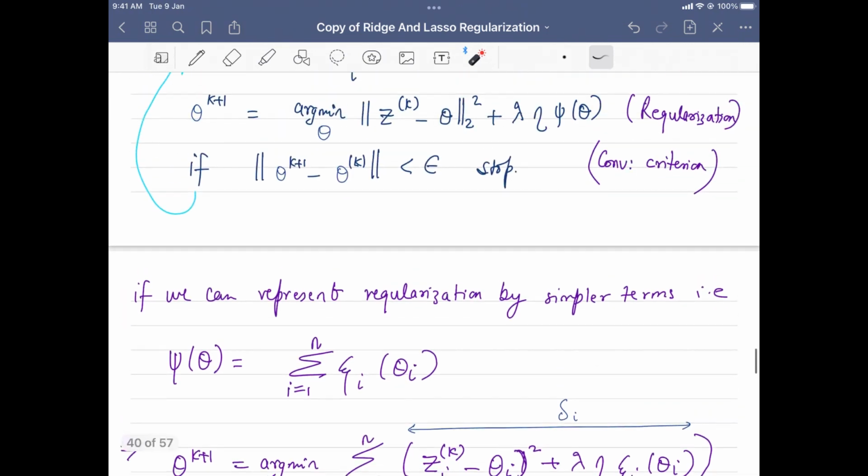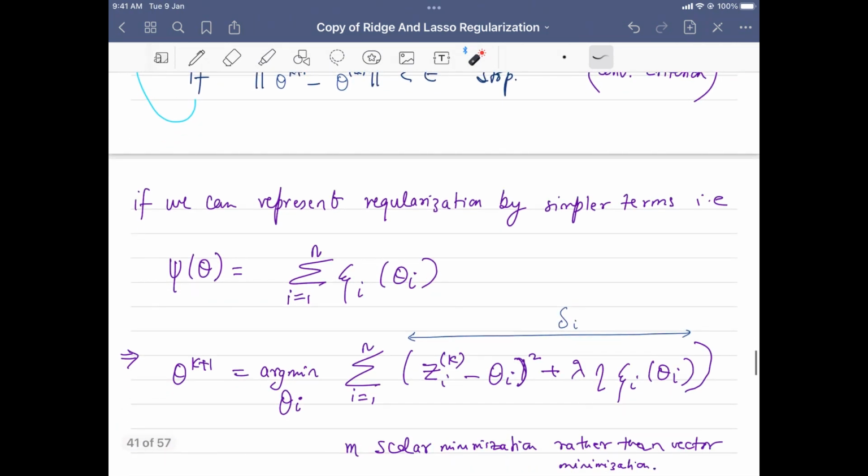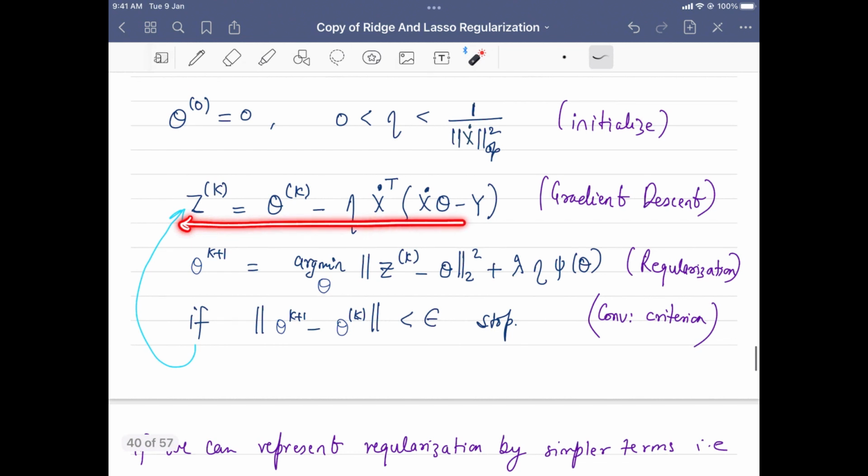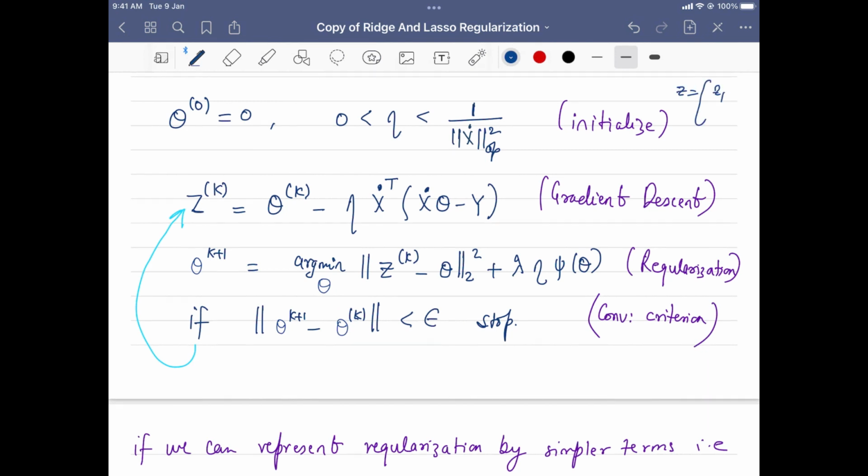So here you can see we are breaking this expression into vectors, into components of the vector. This is a complete vector z, and if I want to represent a specific component of this vector, I will write it as z i. So you have z as z1, z2, z3, right? If I want to represent a specific component of this vector z, I will write it as z subscript i.